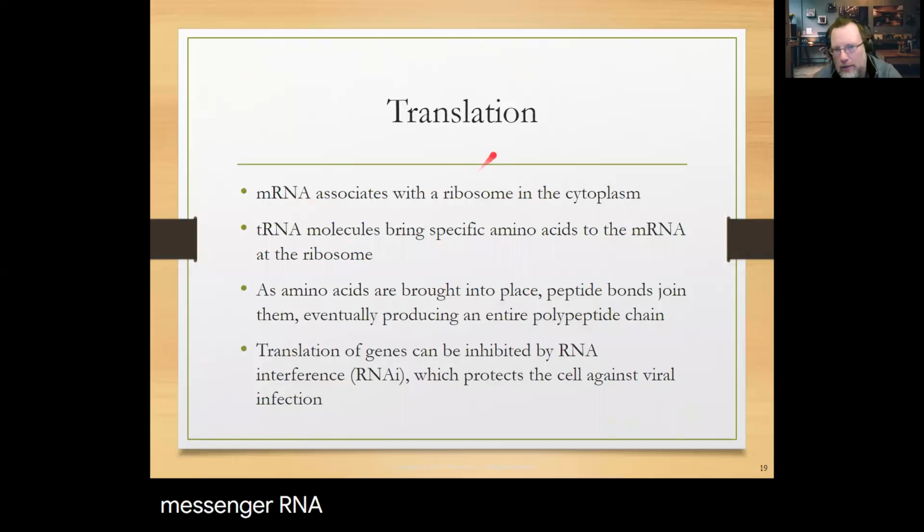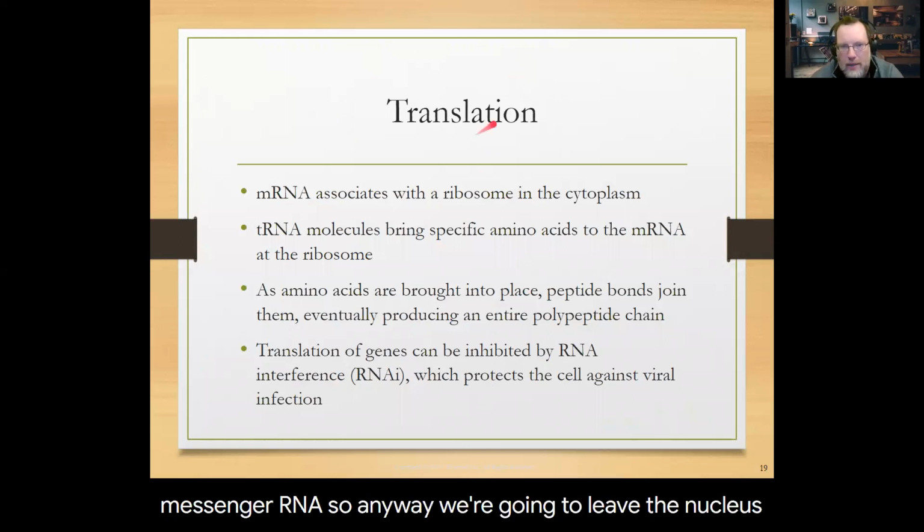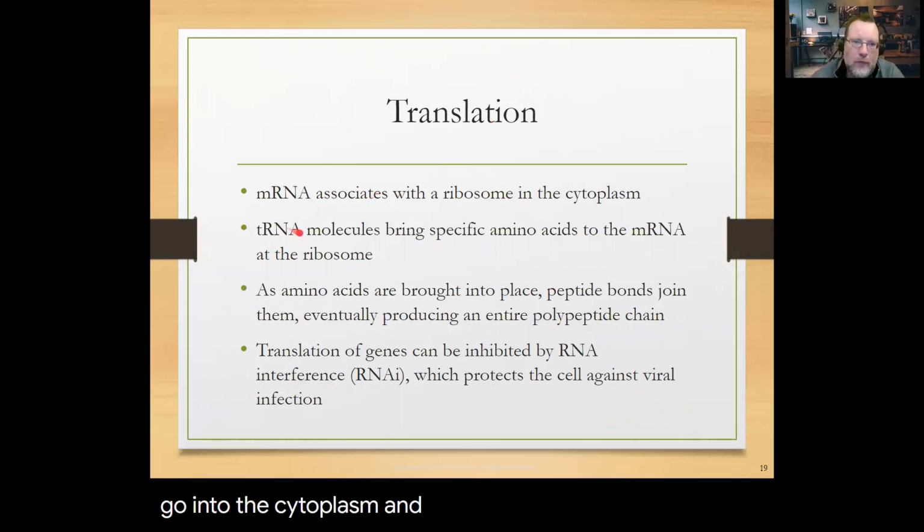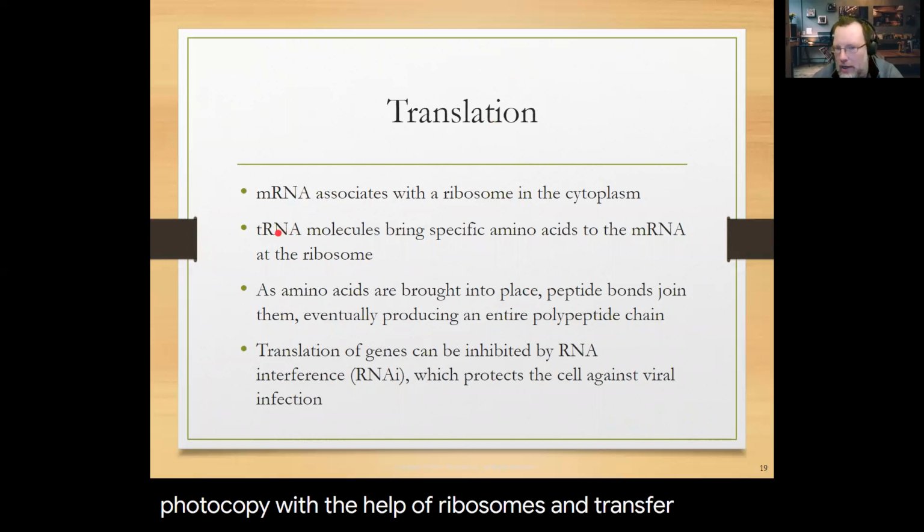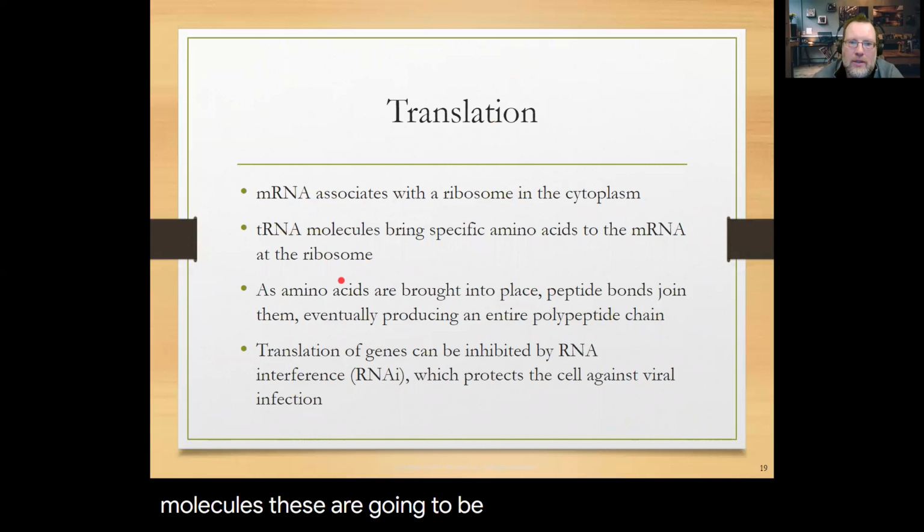So anyway, we're going to leave the nucleus, go into the cytoplasm, and translate that messenger RNA photocopy with the help of ribosomes and transfer RNA molecules. These are going to be bringing some of the amino acids in that are going to help form the protein chain.